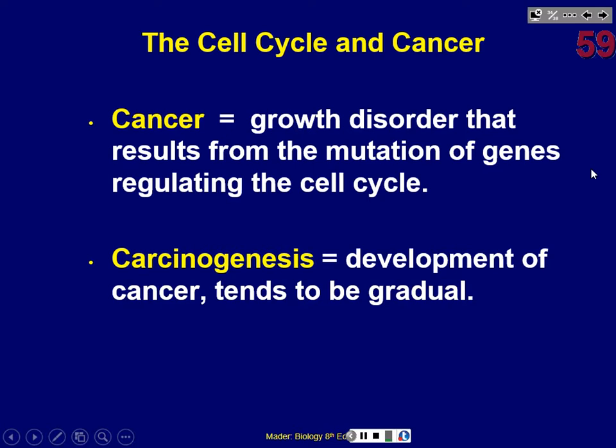Okay? But somehow it's still functioning until one day all it takes is one more change and the protein's not functioning anymore. So you just fell off the cliff. That's cancer. Okay? But keep in mind, guys, it was not that one change. It was the accumulation of all of those changes that caused this to happen.